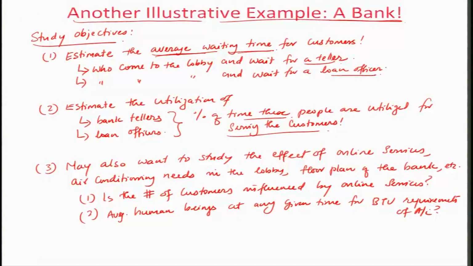So, these kinds of things: what is the floor plan, which is the best way to keep the waiting area, or maybe where to keep the sofa or line of chairs for customers.